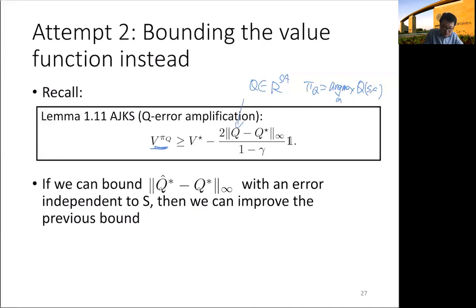But there is a factor of 1 over 1 minus gamma amplification of the error, right? This was a lemma that we proved in the last lecture.